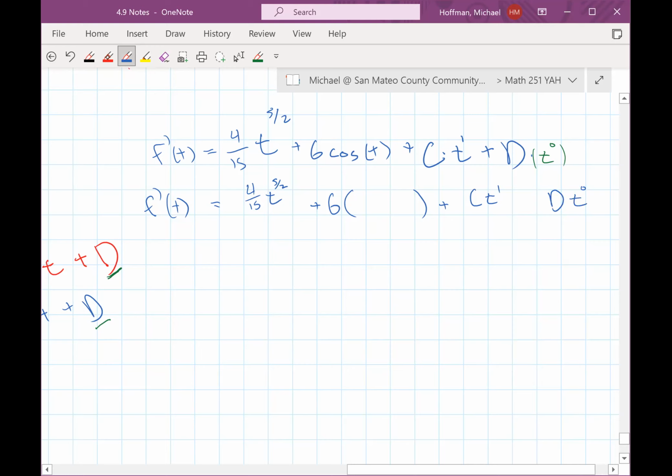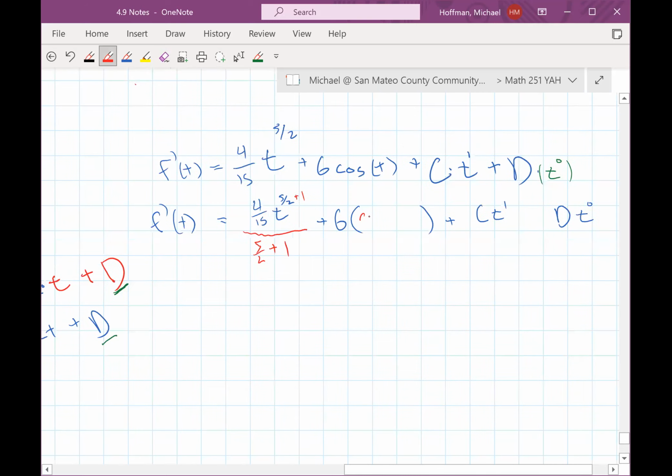Now in red, I'm going to write in all my antiderivative process, which is I add 1 to the exponent, and I divide the whole thing by that result. If I take the derivative of something, what is cosine? The derivative of sine is cosine, so the antiderivative of cosine is sine. So I don't need a minus sign.